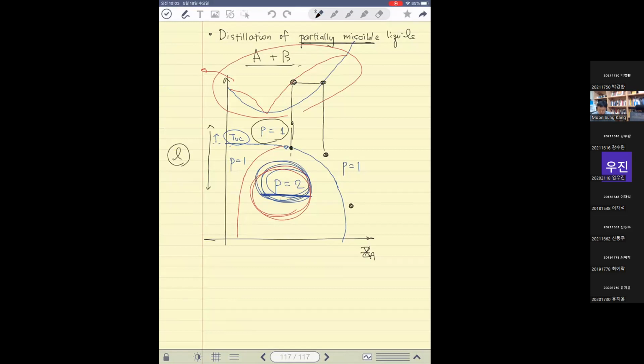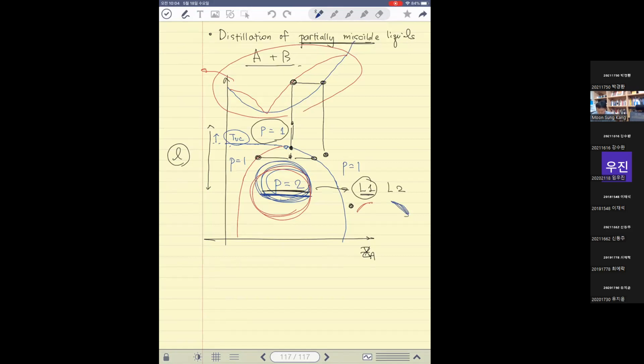If I further cool it down to this temperature, I'm going to have two phases: liquid phase 1 and liquid phase 2. Liquid phase 1 would follow this composition, the red curve, and liquid phase 2 would follow this composition.